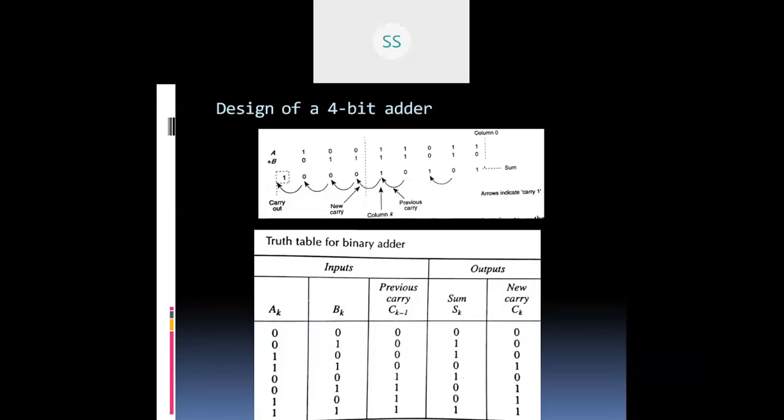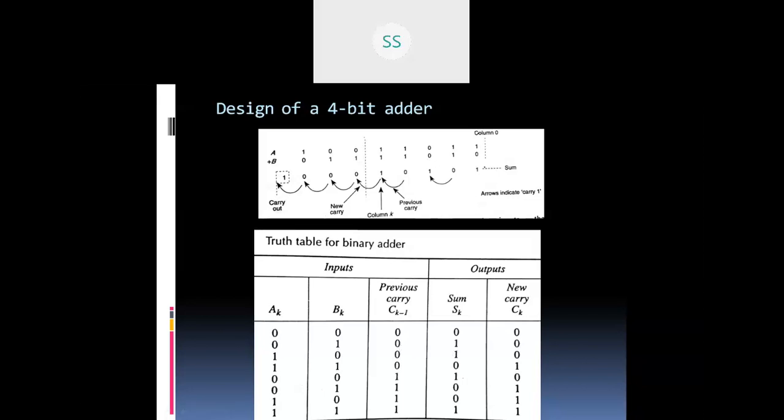So what are the adder requirements? The first requirement is for the sum. Whenever AK is equal to BK, then SK is equal to CK minus 1. Else, if AK is not equal to BK, check the second row, SK is CK minus 1 whole bar, the complement of the previous carry. That is one condition.